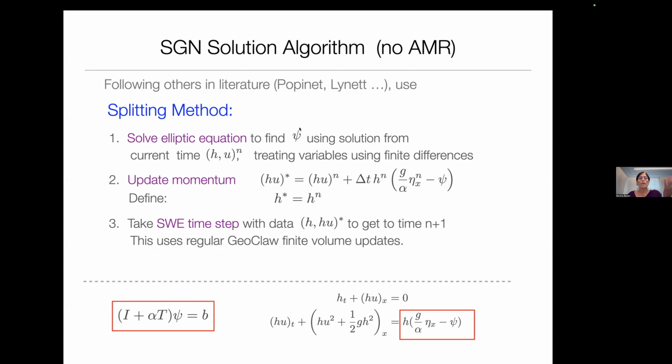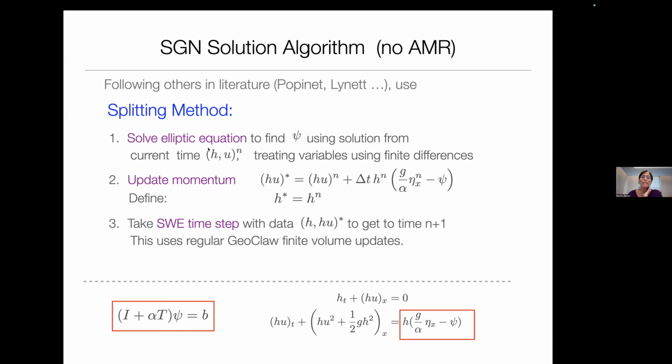We solve for psi. We will then just update using the right-hand side of the momentum equations, and h itself, the height, is not modified at all. Now we've gotten to this star term, and we can take a shallow water time step for the star equations to get to time n+1. So the second step just uses the regular GeoClaw finite volume updates.